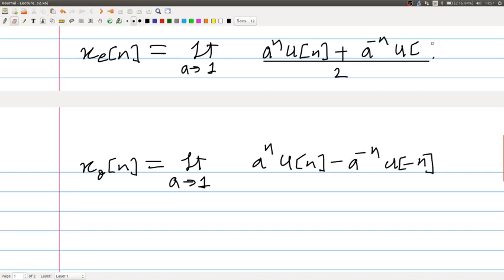Yeah, there is a typo here. There should be u of minus n.